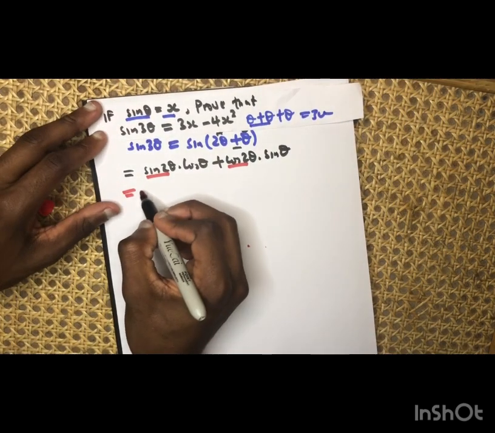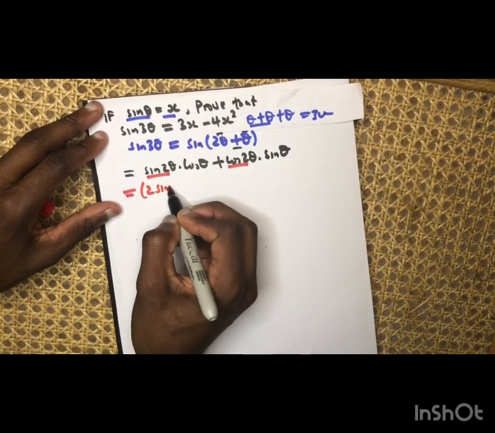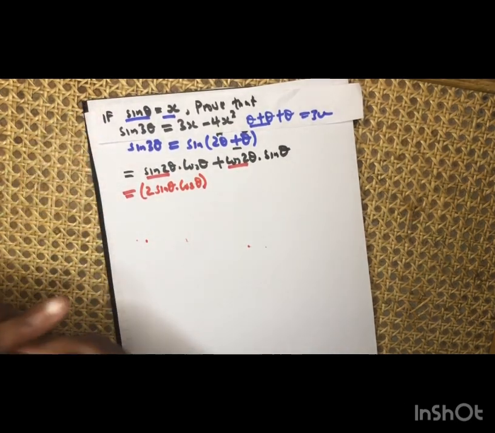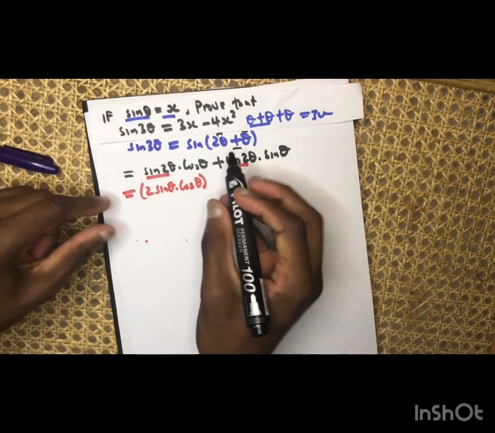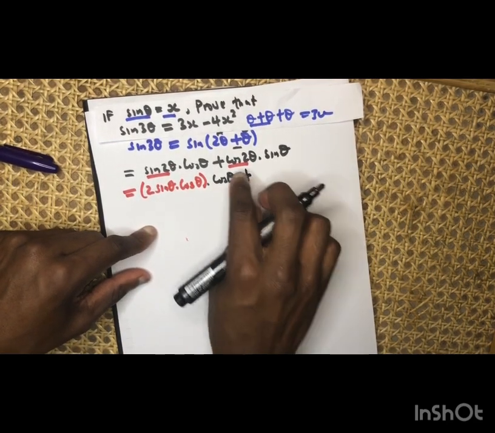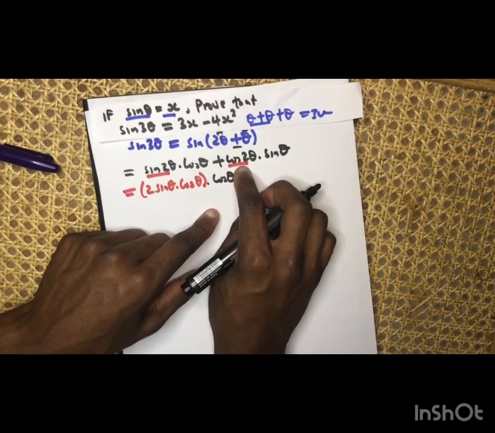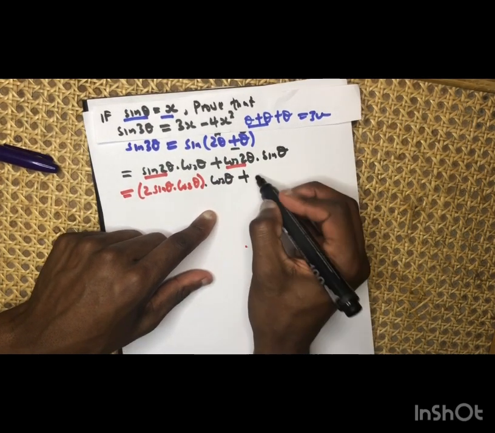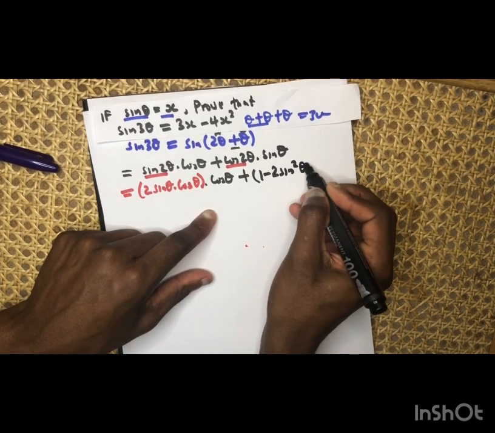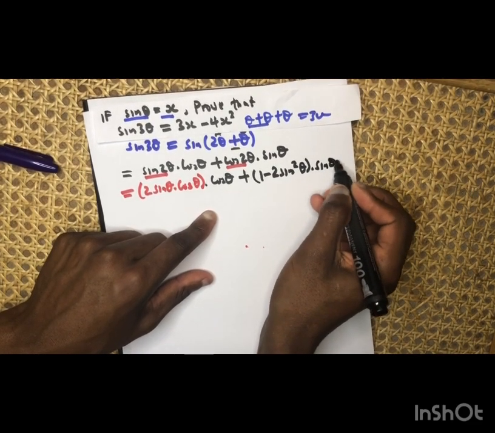So here guys, I'm going to have 2 sine theta cos theta, close the brackets, then multiply by this cos theta plus, then we said here I'm going to pick the one that is written in terms of sine, which is 1 minus 2 sine squared theta times sine theta.